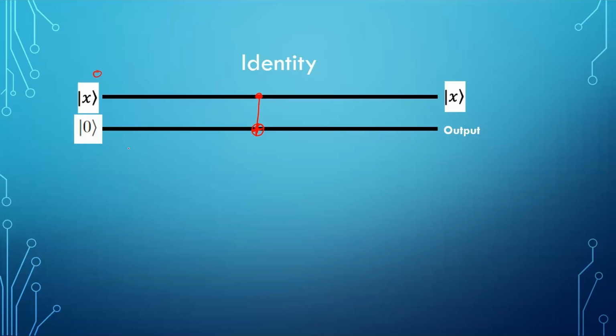So this 0 here will stay 0. So the 0 will give me 0. But if I am sending a 1, the 1 will change the control bit. The control bit will change the target bit. So this 0 will become here 1. So I will end up having 1 out of 1. So this is indeed the identity. This is how the identity works.